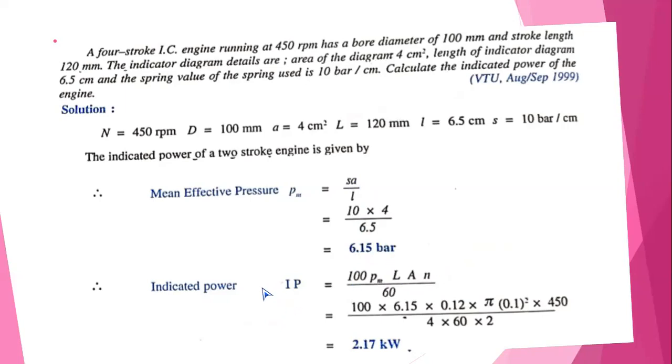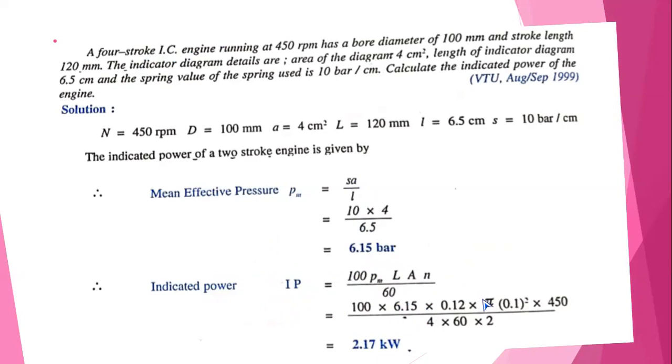Next, this is the 4-stroke engine, so n equal to 2. Indicated power IP equal to 100 PM L A N divided by 60. 100 as it is. You have calculated the mean effective pressure 6.15.